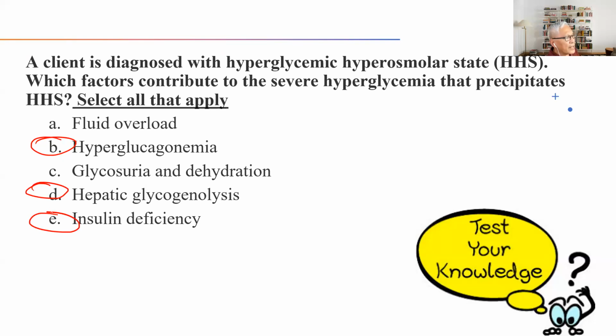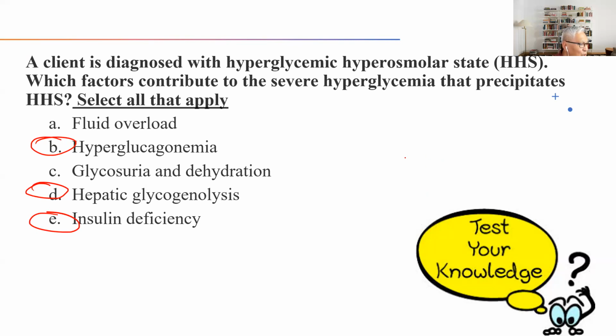All right, so a client is diagnosed with HHS. Which factors contribute to severe hyperglycemia that precipitates HHS? Whenever you have a partial or relative insulin deficiency, you reduce glucose uptake while inducing hyperglucagonemia.